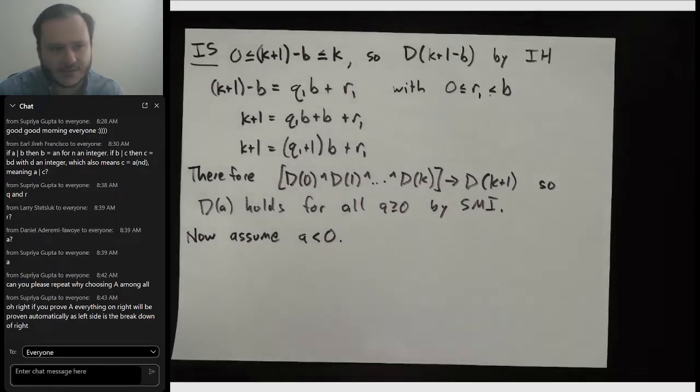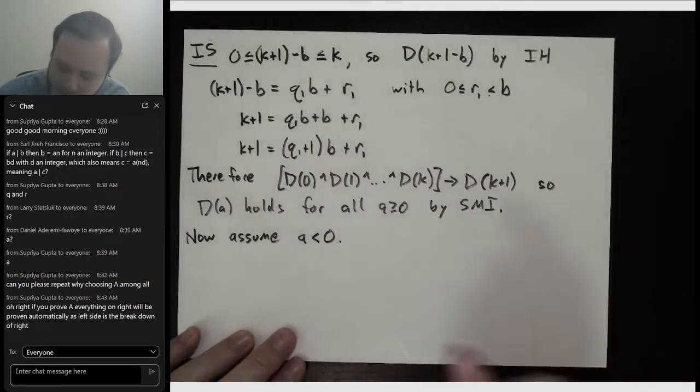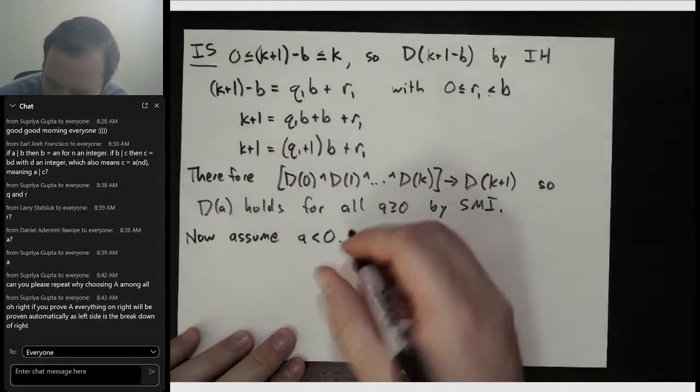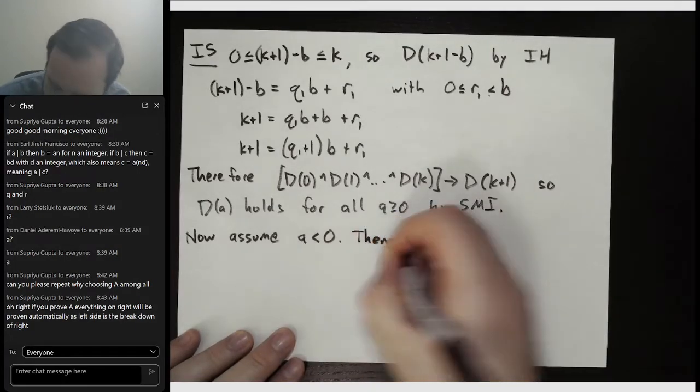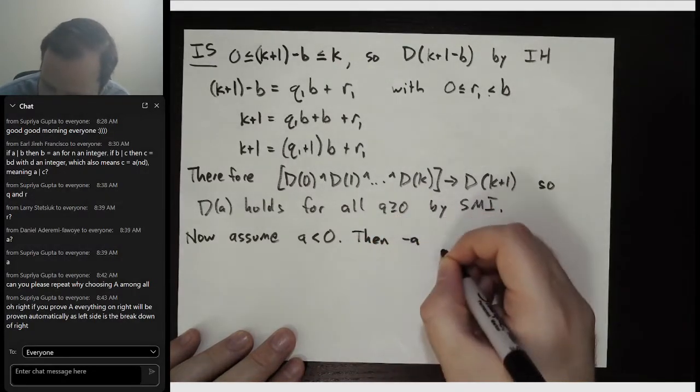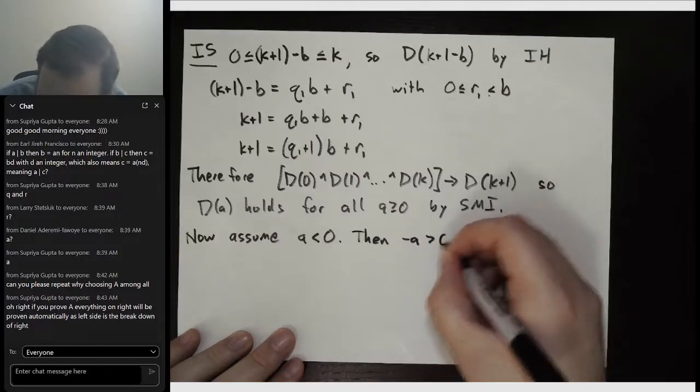Again, common theme throughout the course. I'm a mathematician, I'm lazy. I don't want to do a less than 0 again. I don't want to do another induction for sure, if I can avoid it. So I want to use what I've already done. I want to reuse my work. If a is less than 0, then negative a is greater than 0.